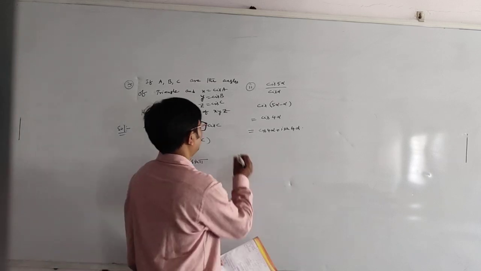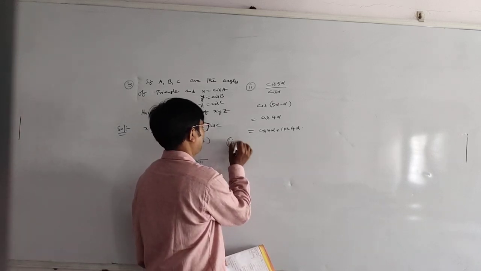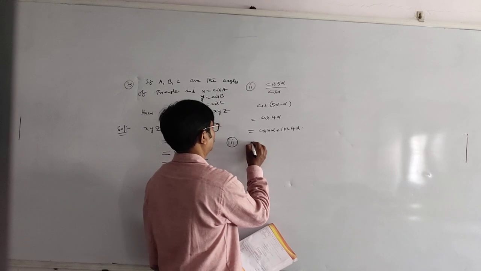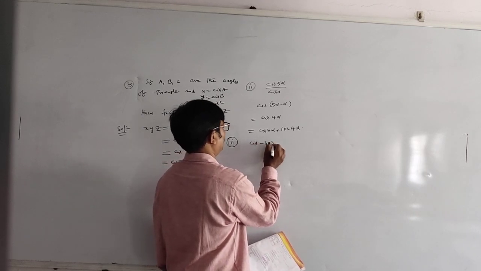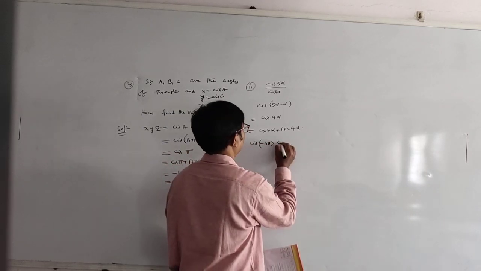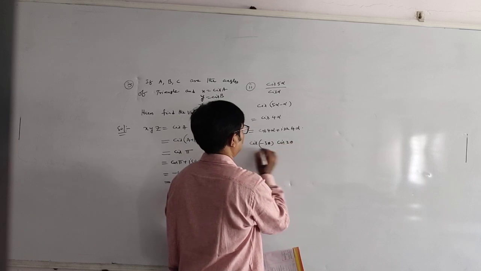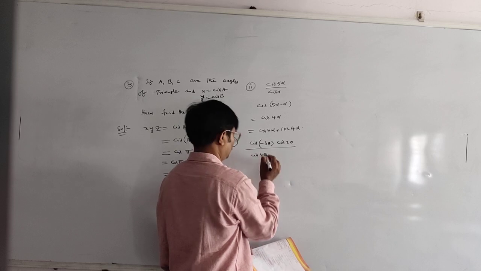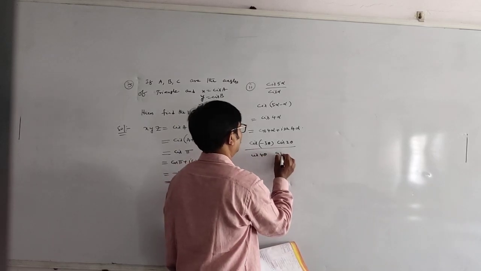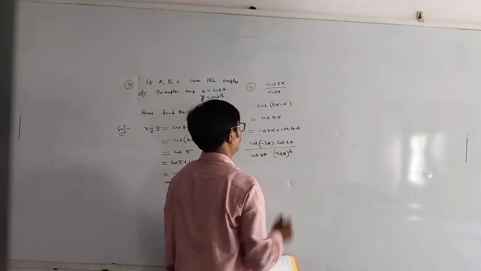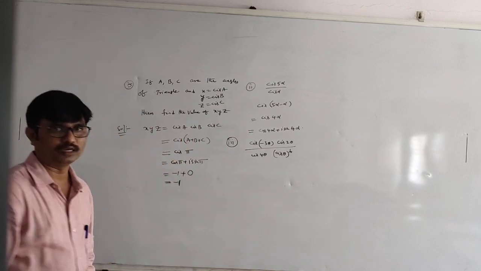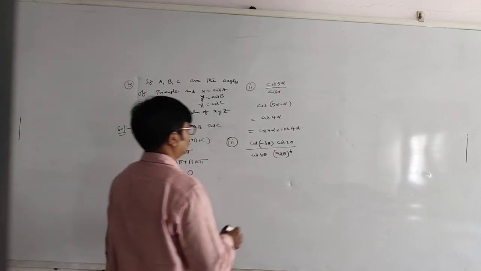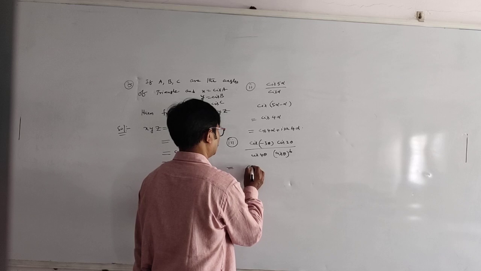After that students, cis of minus 3 theta, cis of 2 theta, cis of 4 theta, cis theta whole power 6. Now students, how can you write this?